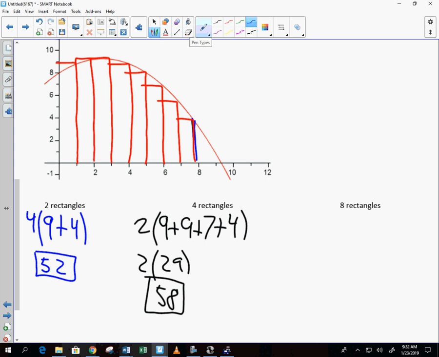So I'm gonna lump all these first 4 together. I'm gonna say they're all about 9. So I'm just gonna say 9 plus 9 plus 9 plus 9. And then I would say that the next one drops down to 7. And then I'm gonna go down to... what are you guys feeling?